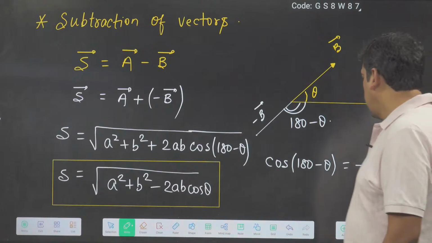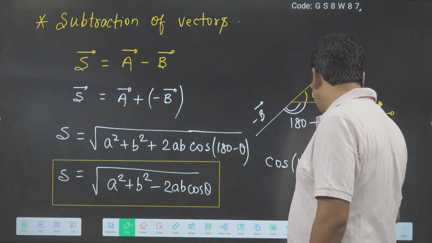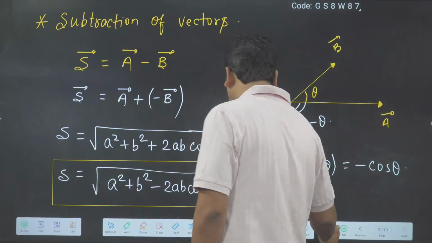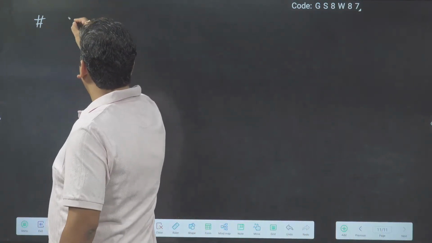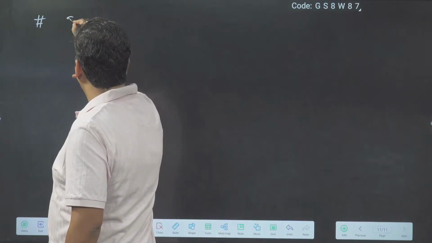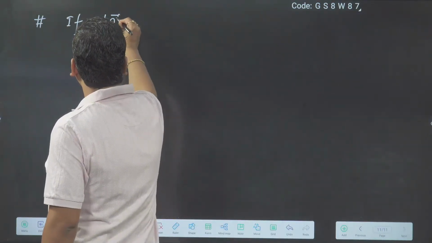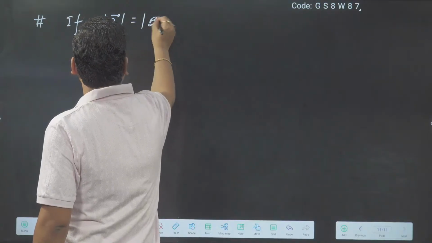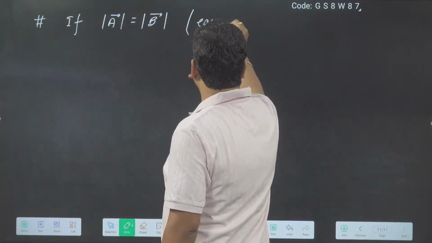Now let me tell you one more special case. If the magnitude of A vector equals the magnitude of B vector, I will write it in brackets so that you don't get confused.